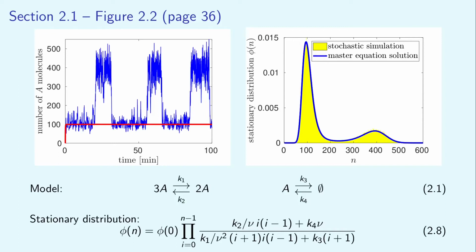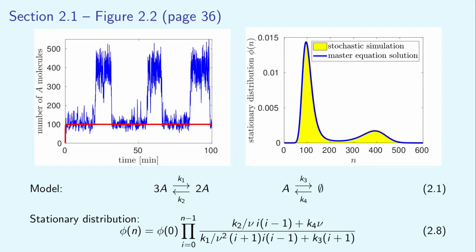Let me note that if the results of your computer code do not match the theory, as in this plot, then it could indicate that there is a mistake in your computer code. A possible error, which students sometimes make, could be in the calculation of the stationary distribution. To estimate it using the Gillespie algorithm, you have to record the values of the numbers of molecules at equidistant time intervals.